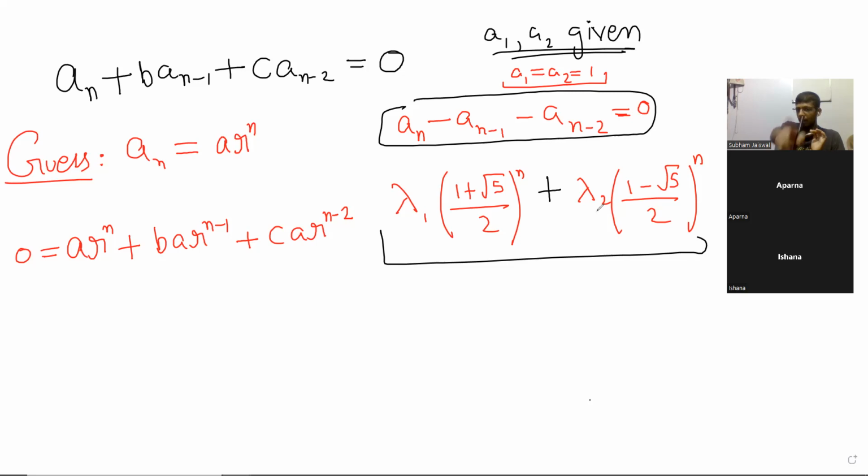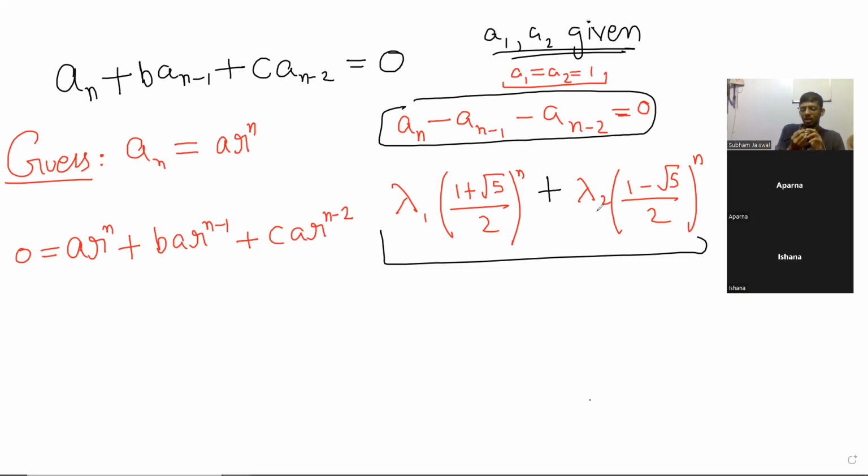Now, how do you find the lambda 1 and lambda 2? Any question? Lambda 1 and lambda 2 are just variables so far. How do we find them? We find them by a1 and a2. Put n equal to 1, you get a1. Put n equal to 2, you get two equations in lambda 1, lambda 2, and from there you find them. The same process.